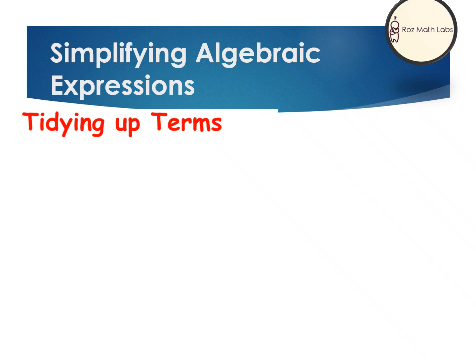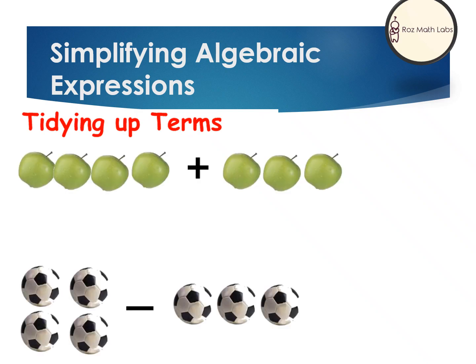Let us now learn how to simplify algebraic expressions by grouping up the like terms. Here we have two examples. We are adding 4 apples and 3 apples. I can write it as 4a. I represent the apples by the variable a. We are adding 4 apples to 3 apples.